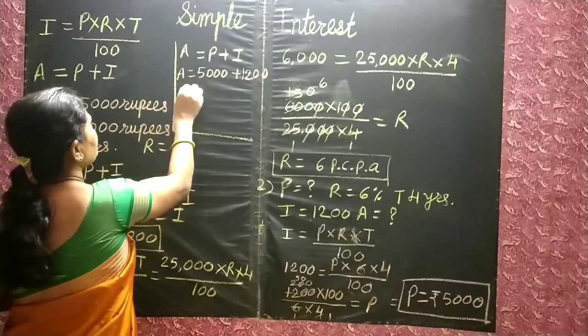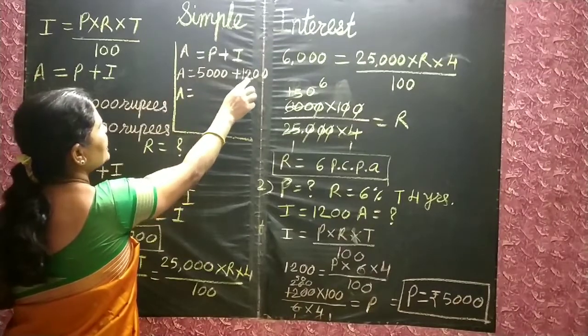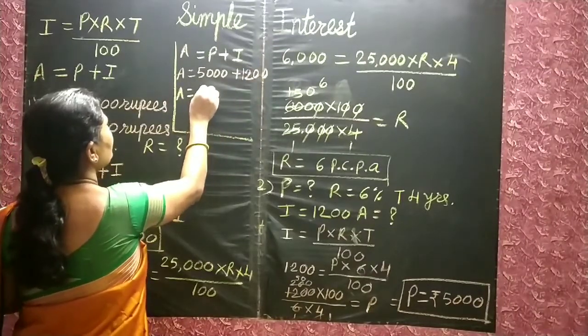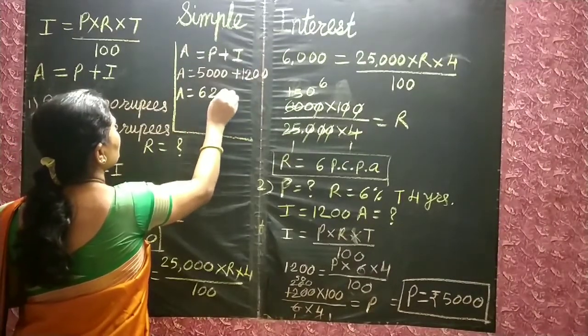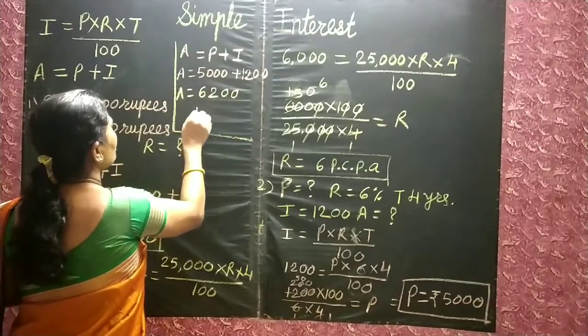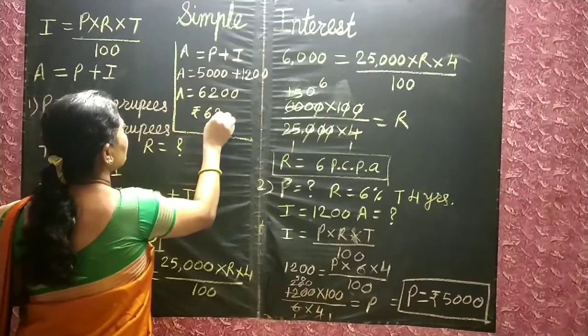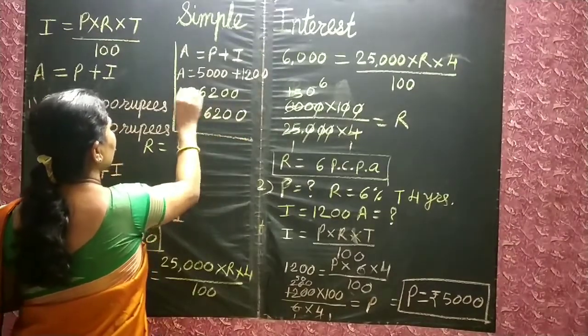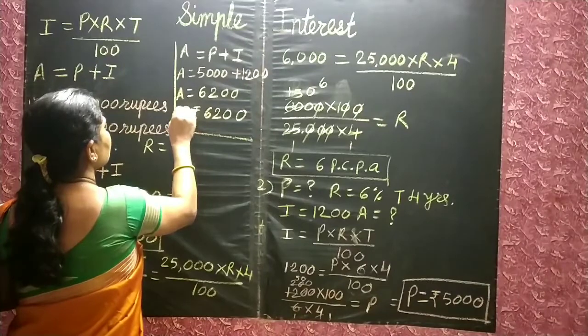Now amount is equal to 5000 plus 1200, which is 6200. So amount is equal to rupees 6200. This is the amount.